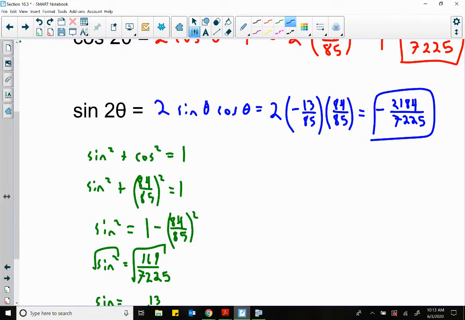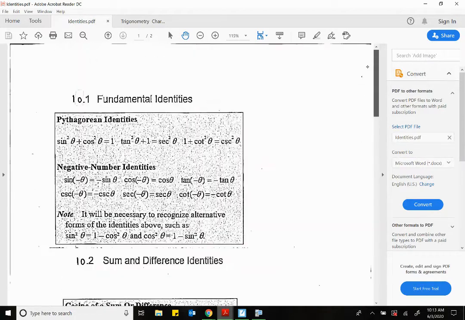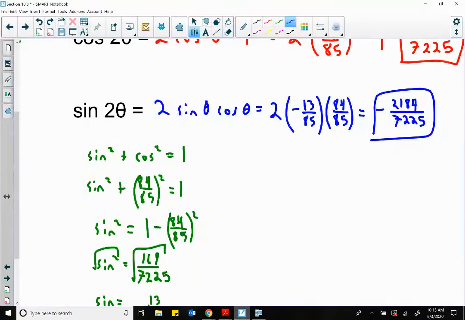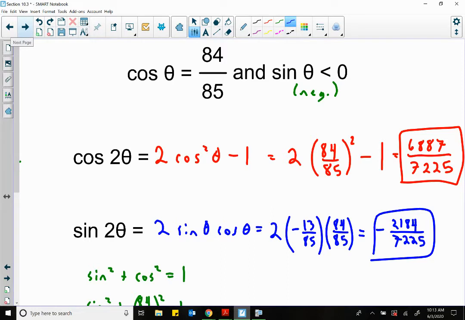But don't forget some of those identities that we learned all the way back in 10.1. These come involved. Or some other things you could have done, going back to chapter 9 in 9.5. So we know that sine is negative, and remember that cosine is x over r.